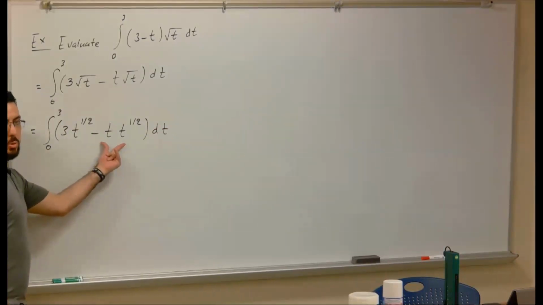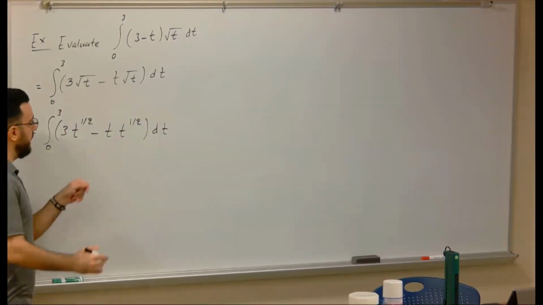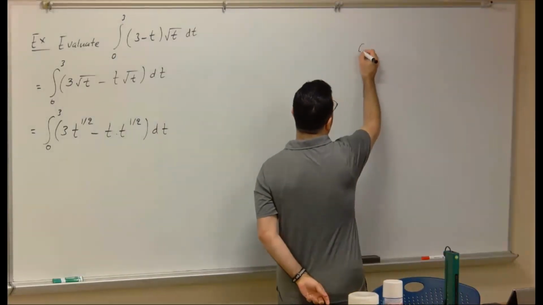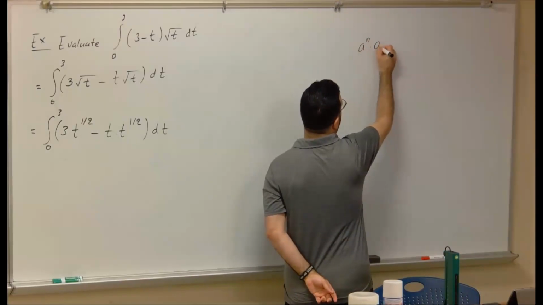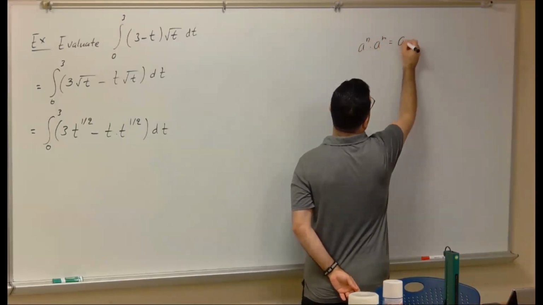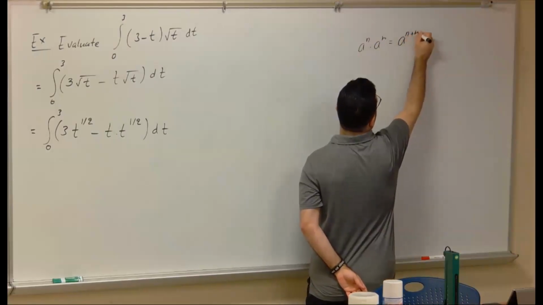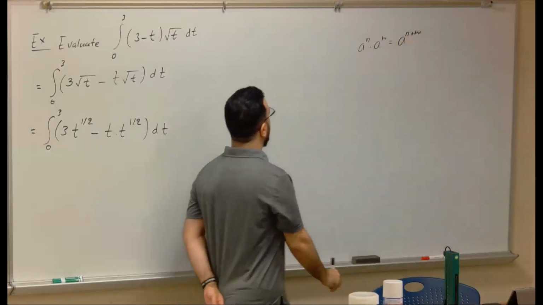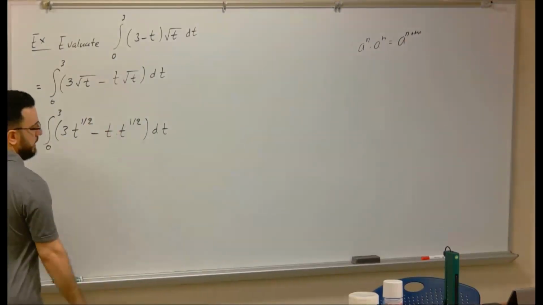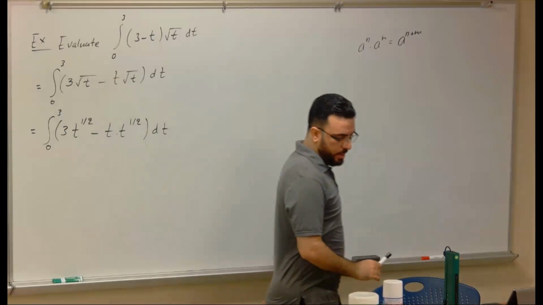One of the exponent rules: if you have the same base and there's multiplication, a to the power m times a to the power n, same base, different exponents, you just add the exponents. So you do the same thing here: 1 plus a half.